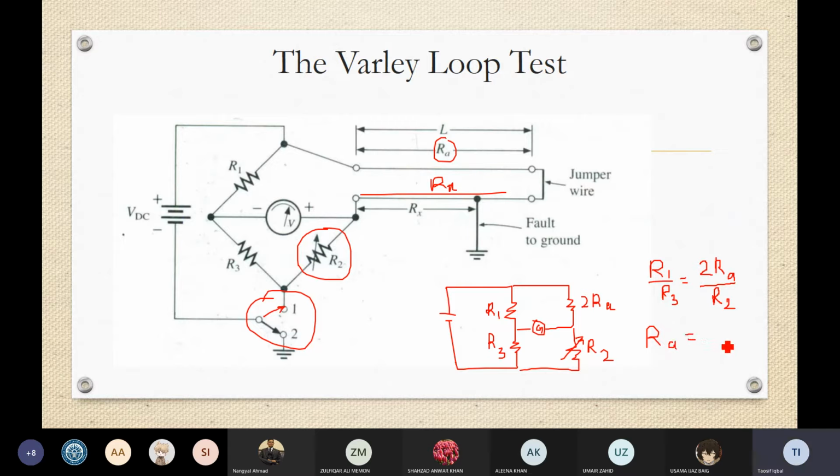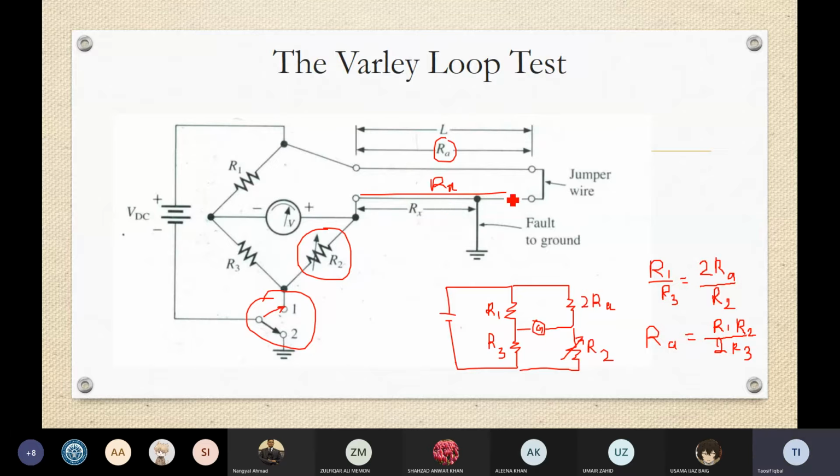So RA is going to be R1 multiplied by R2 and divided by 2R3. So this is how we are going to find RA.